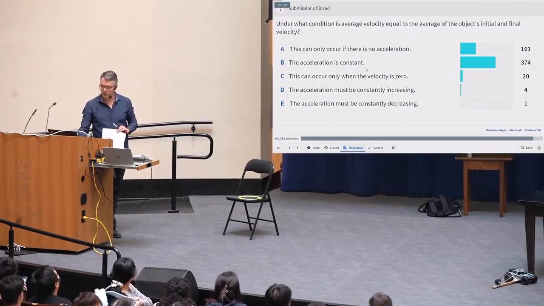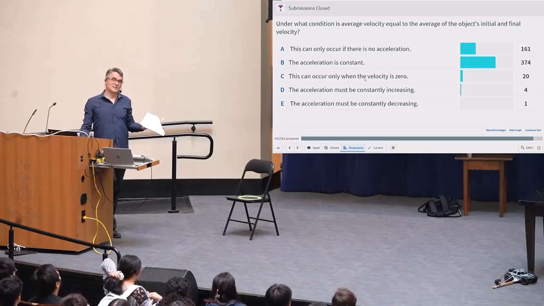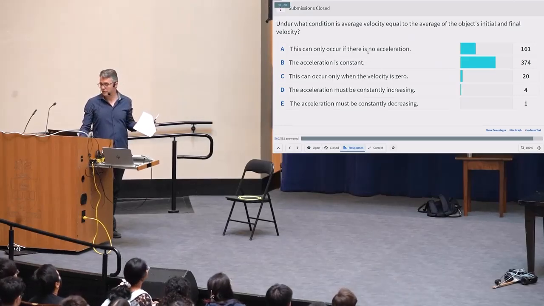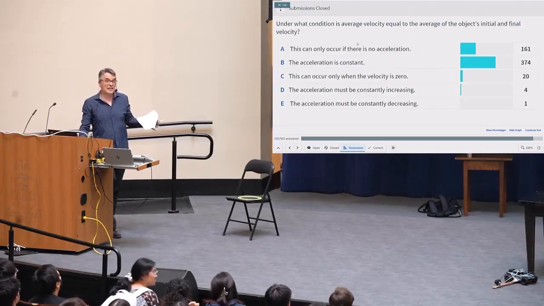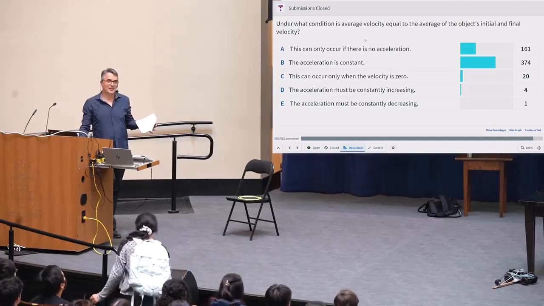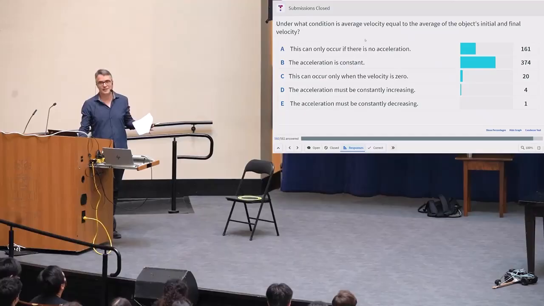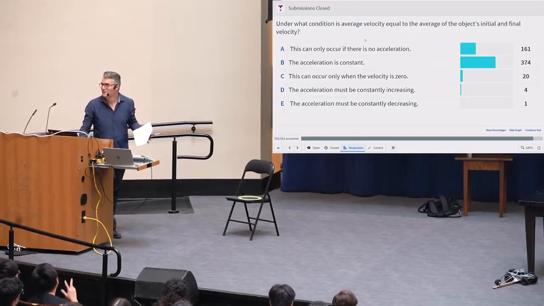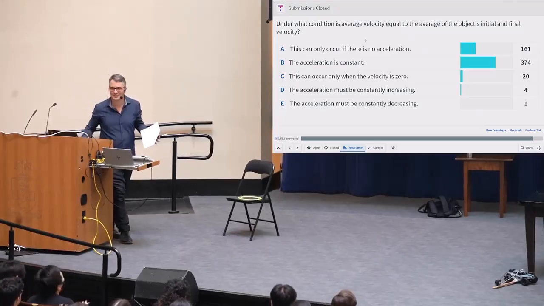If you answered A or if you answered C, your answer is, in a sense, correct. It is true that if there's no acceleration, then the object's initial and final velocity are the same, and if you add them up and divide by 2, then you get the same thing, right? If it was 5 in the beginning and 5 at the end, 5 plus 5 is 10, divided by 2 equals 5. 3 plus 3 over 2 is 3.